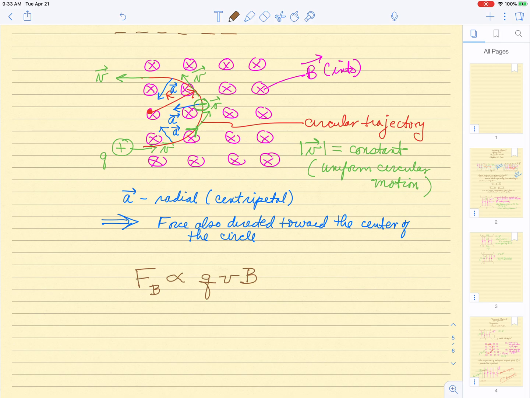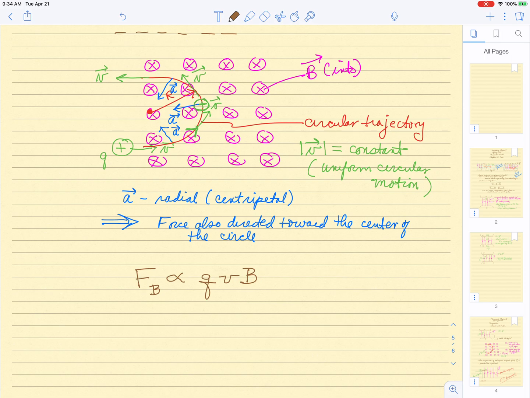But that still doesn't explain the experiment between shooting the charged particle in parallel or perpendicular to the magnetic field. Now let's keep this in mind, right? So we get no effect when the velocity vector is parallel to the magnetic field vector, and we get a maximal effect when the velocity vector is perpendicular to the magnetic field.